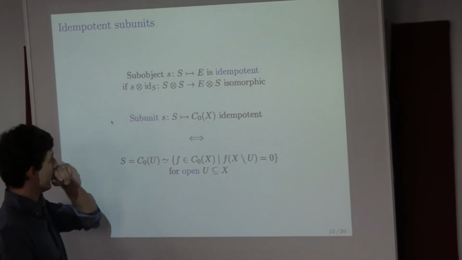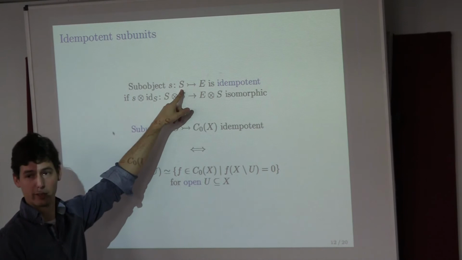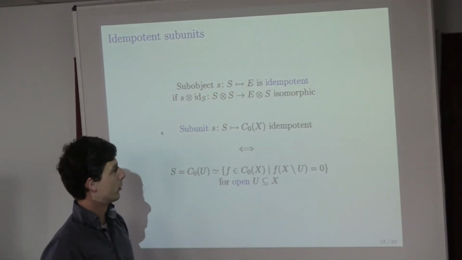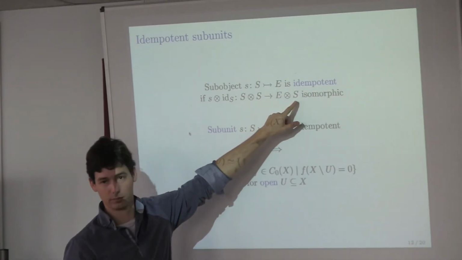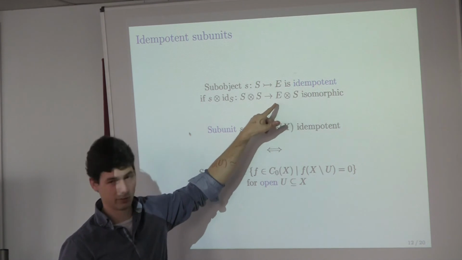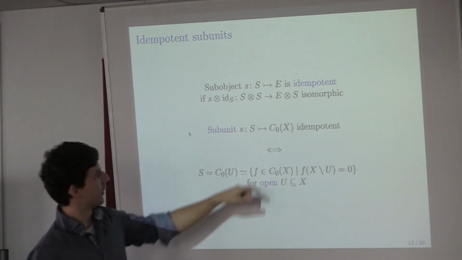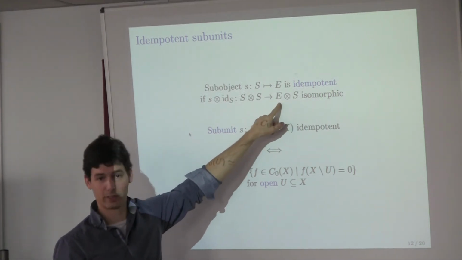If you take an arbitrary object, and have a look at a sub-object of it, you can do that in any category. We're going to say such a thing is idempotent when S tensor S is isomorphic to S tensor that object, the sub-object of. So specifically, if I take this to be the tensor unit, then I tensor S is isomorphic to S itself.